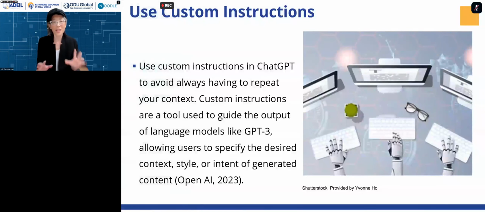And if you don't want to keep repeating your context over and over again, you can use custom instructions in ChatGPT to avoid always having to repeat your context. So custom instructions are a tool used to guide the output of language models like GPT-3, allowing users to specify the desired context, style, or intent of the generated text.